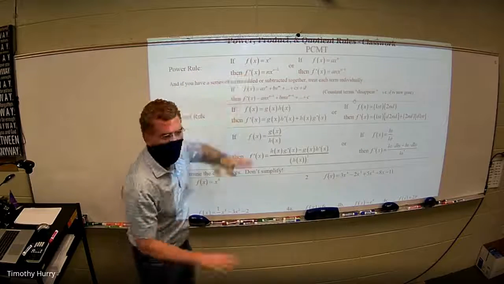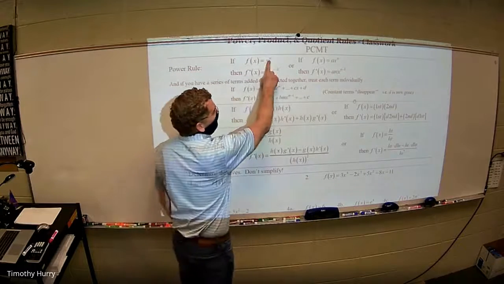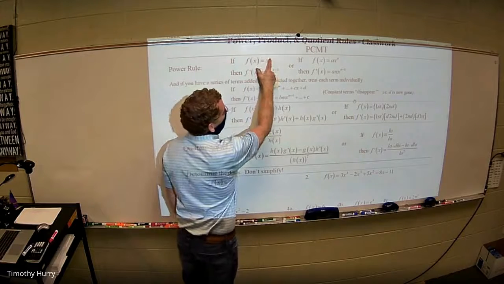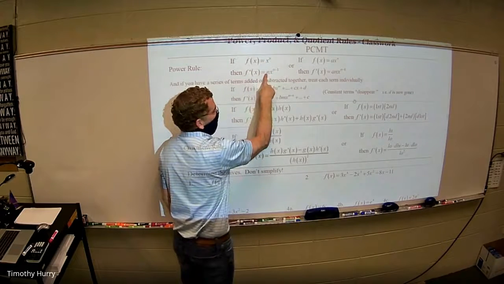Okay, and for the power rule, all you have to do is take whatever the power is, multiply it by the lead coefficient, and write it down.